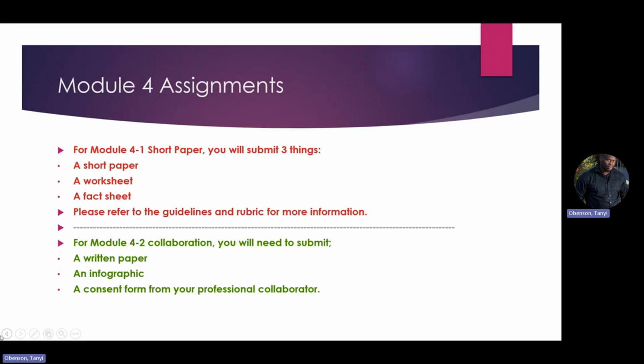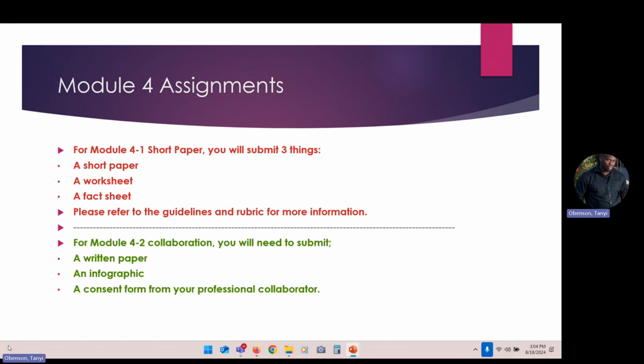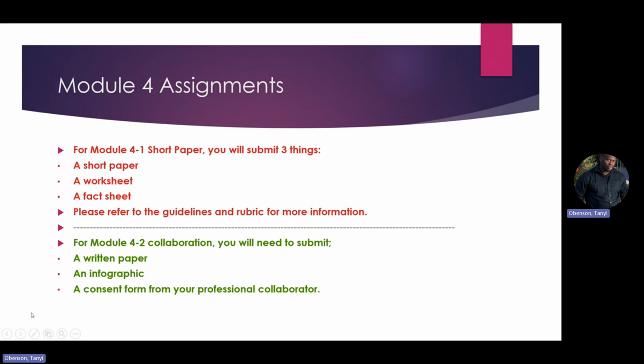Just to recap, you need a short paper, a worksheet, and a fact sheet, which I showed you, and then you need a written paper and an infographic, as well as a consent from your professional collaborator for 4.2. So there's basically a total of 6 submissions that you'll be making in Module 4.